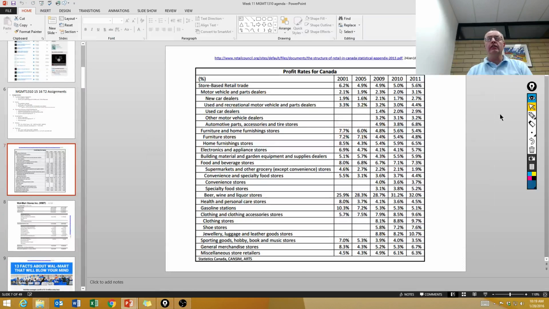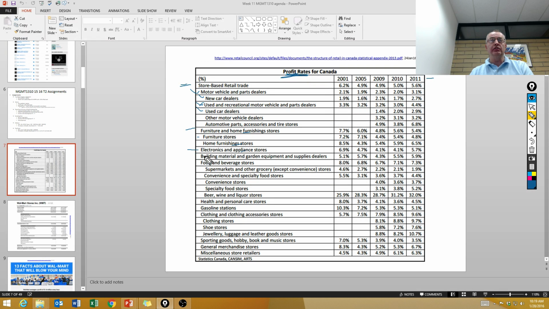This slide shows the profit margins for these different sectors over 5 years. I'm really not trying to show you what the profit rates are for these sectors. I'm really just trying to show you the list of the different types of sectors. So we have some store-based retailers dealing with motor vehicles. So we have new motor vehicles, used vehicles, recreation vehicles, furniture, home furnishings. So home furnishings would be paint and carpets and stuff like that.